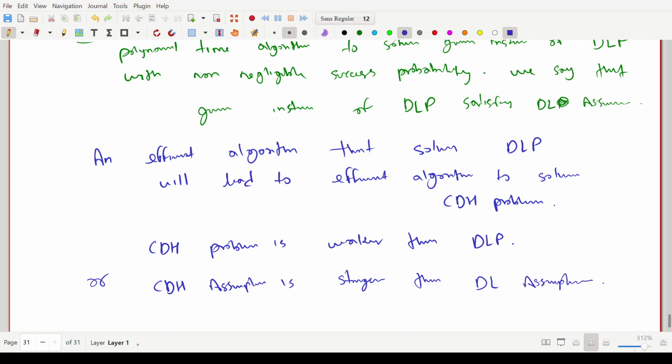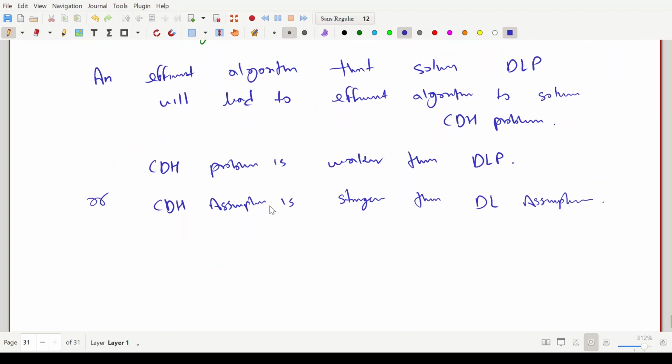Okay, so the converse of this question is an open problem. Can the DL assumption be true if the CDH assumption is false? So this is the open problem.